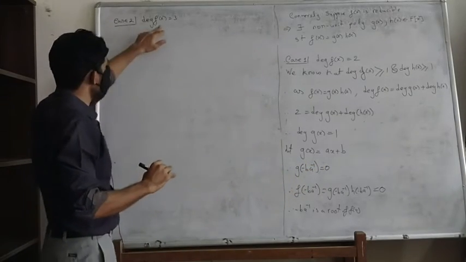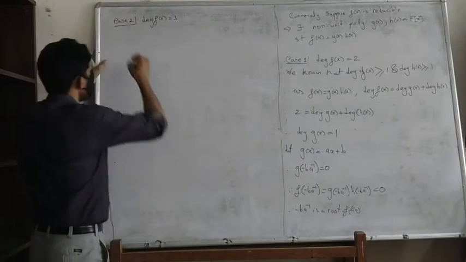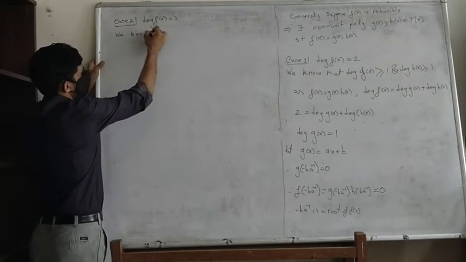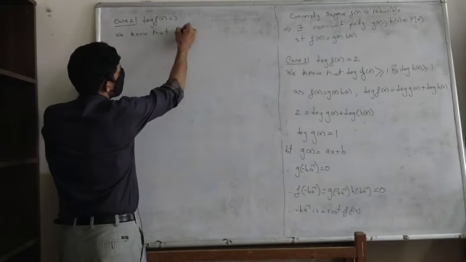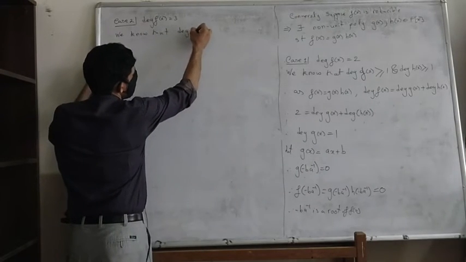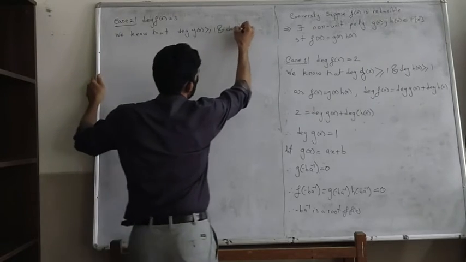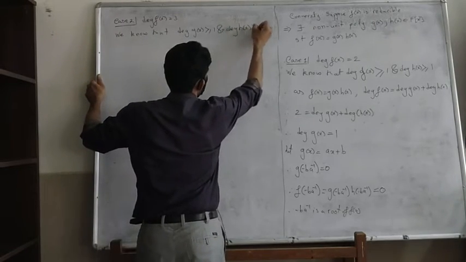Okay, so if the degree of f is 3, again here we know that the degree of g of x is greater than or equal to 1, and the degree of h of x is greater than or equal to 1.